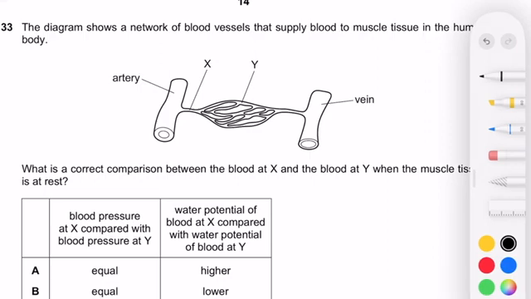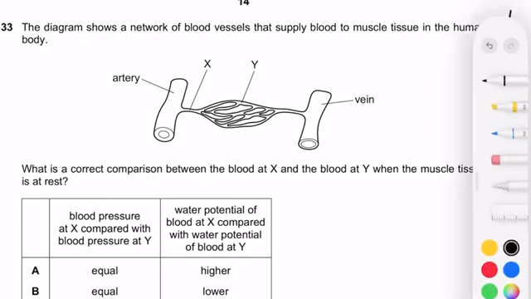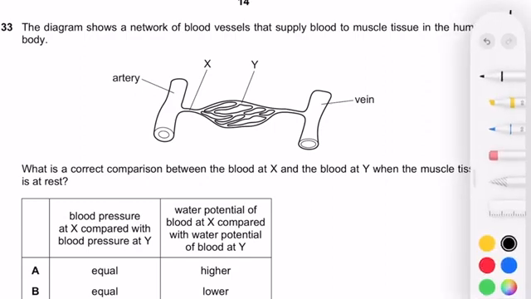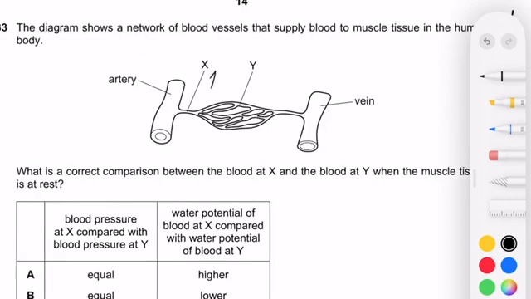Now, the diagram shows a network of blood vessels that supply blood to the muscles in the human body. So what is the correct comparison between the blood at X and the blood at Y when the muscle tissue is at rest? Blood pressure at X compared with the blood pressure at Y. Obviously the blood pressure here in the artery region is higher than the blood pressure at Y because it's a capillary and it's even closer to the vein.